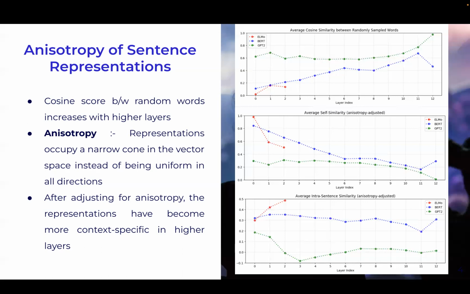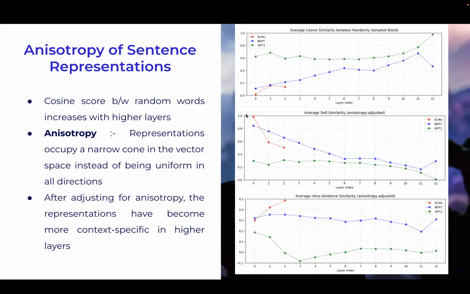Yes, if they are random words with no context at all, say you pick some adjective and some stop word, and there is no similarity between those two vectors, then obviously the cosine similarity should decrease. But this is not happening in any kind of transformer model like ELMo, BERT or GPT-2. Across the layers it is increasing instead of decreasing. This is the anisotropic behavior that is observed in all these contextualized representation models.